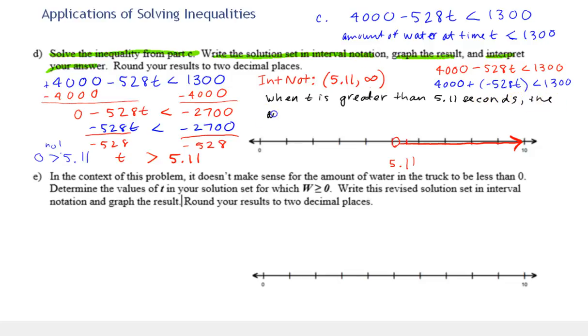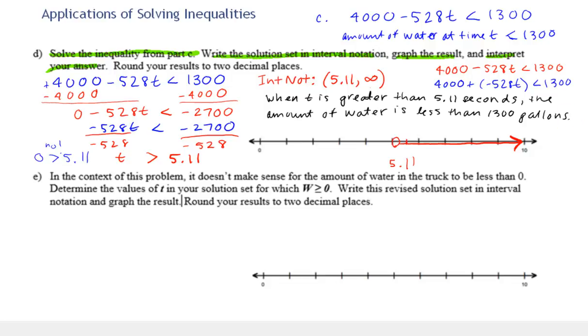The amount of water is less than 1,300 gallons. So you can really interpret this.